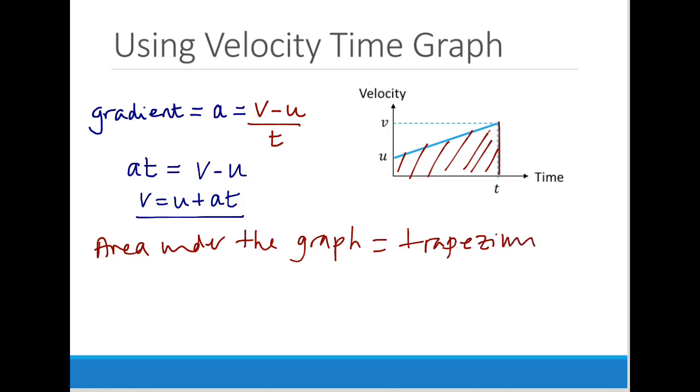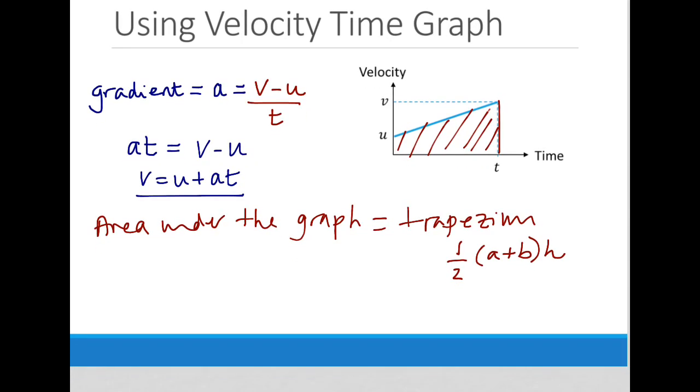And we know how to find the area of a trapezium, or I hope you do. If you remember, it's half of (a + b) multiplied by h. Now, remembering back to those good GCSE days, a and b were your parallel sides, and h was the height.